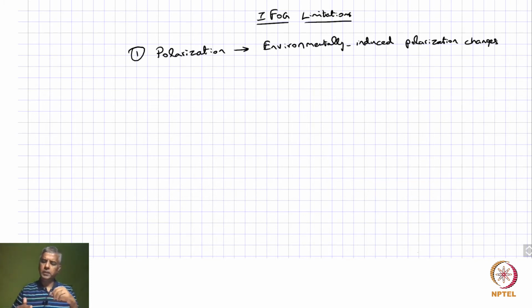So, these environmentally induced polarization changes will affect the CW or CCW phase. So, you will have a change in the phase for the CW and CCW, and in reality, since they are traveling separately, they might actually go through different phase changes at any particular location corresponding to the environmental condition when the wave comes around that location. Okay. So that could be a limitation.